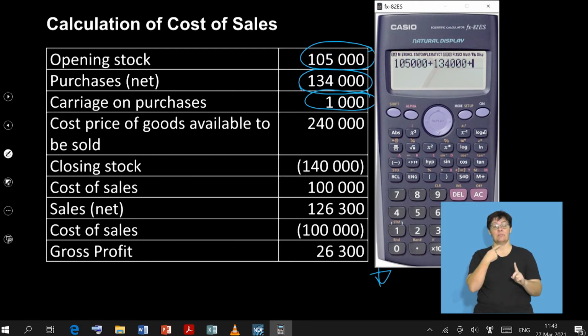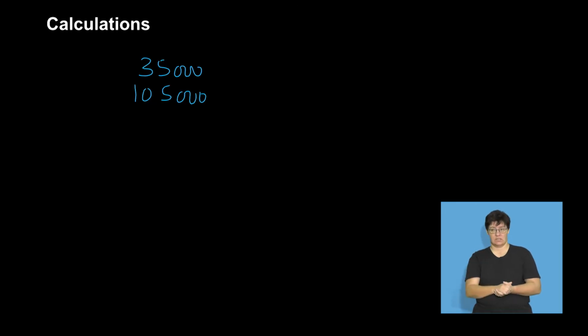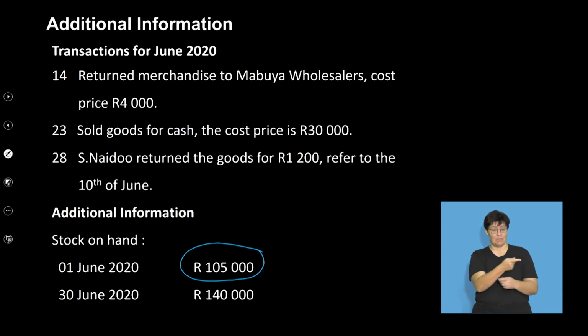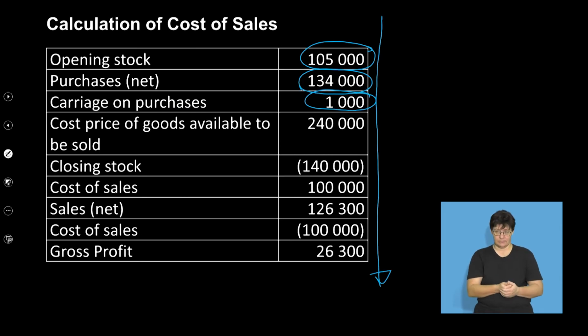Plus the carriage on purchase of 1,000 Rand, which will then be equal to my 240,000 Rand. Remember, that becomes your merchandise available for resale. So here we go. This becomes your cost of goods available to be sold, namely the 240,000 Rand. Okay, just while we're on this here, a bit more explanation.